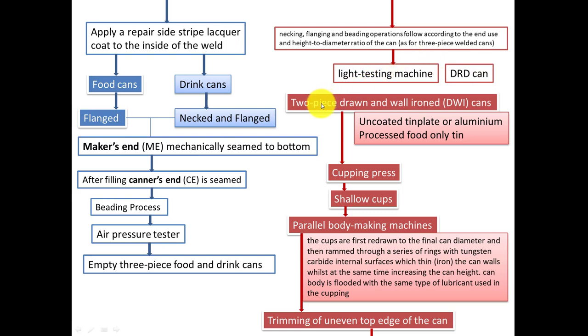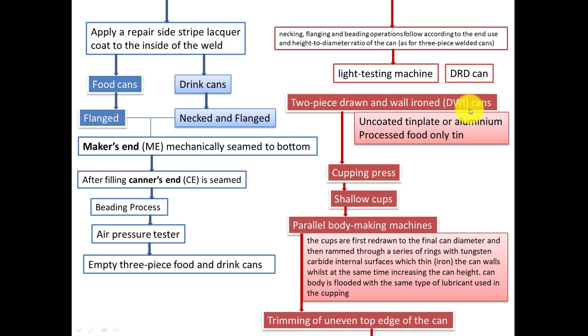Next, I am coming to the two-piece drawn and wall ironed cans. The main difference between the DRD can and the DWI can is that in the DRD can, the metal thickness remains the same, only the diameter is reducing. In the case of DWI cans, we further reduce the thickness of the metal wall.